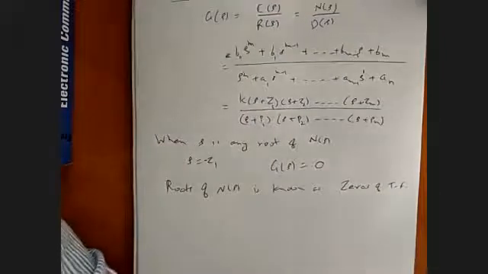All those roots at which your transfer function becomes 0, that will be known as zeros of transfer function.